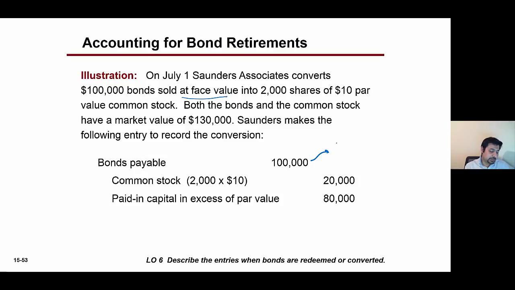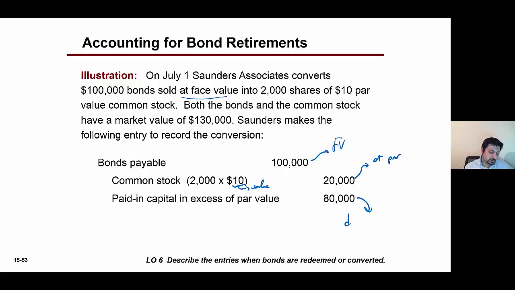So the company will debit bonds payable face value. The company will credit common stock at par. We will do more of that in the next chapter, but it's always at par. So this is the par value.